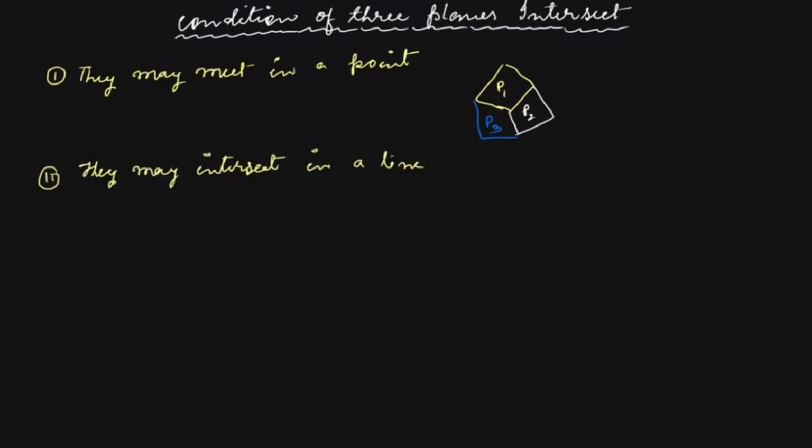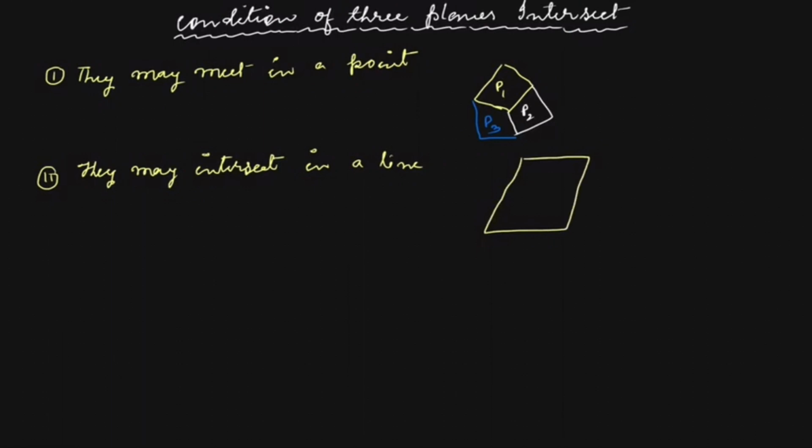Condition number 2, they may intersect in a line. When we draw the diagram, this is plane number 1, this is plane number 2, and this is plane number 3.